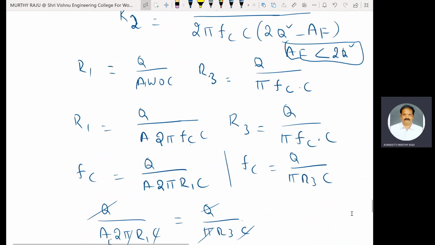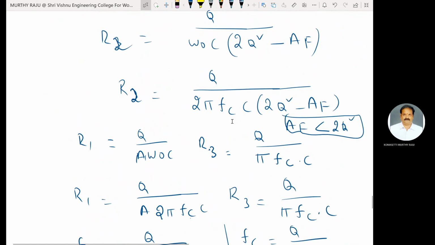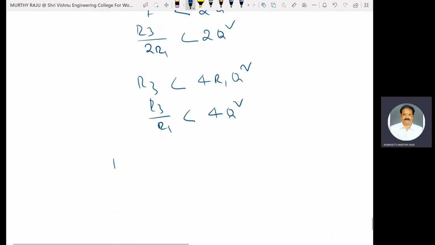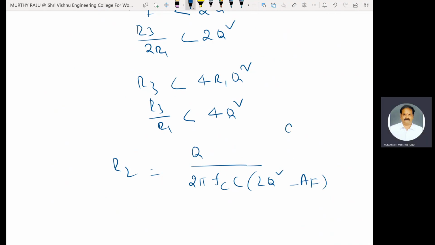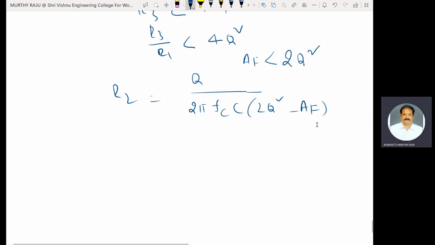Consider R2 resistance. R2 is equal to Q by 2 pi Fc into C, 2Q square minus af. But af is less than 2Q square. Therefore, R2 is equal to Q by 2 pi Fc C, 2Q square only. Q cancel.